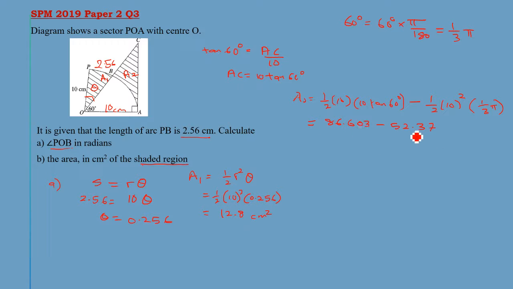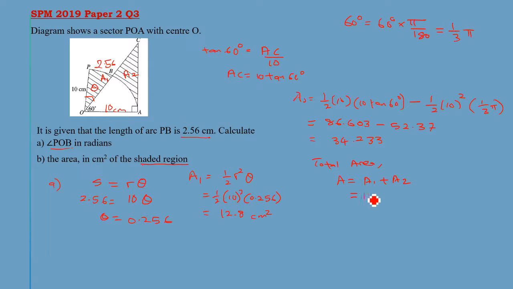Maybe you want to put 2 decimal places, you can maintain. So you will get 34.233 if you want to put 3 decimal places, because they didn't say how many decimal places, or you can leave it as 2 decimal places. So you already found A1 and A2. So what's the total? Total area will be A1 plus A2.